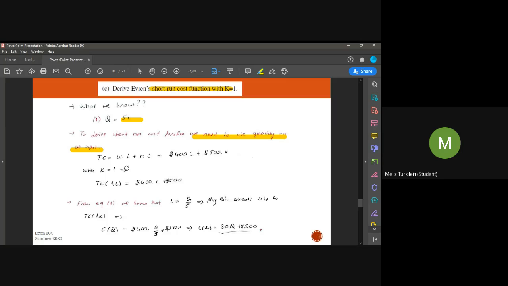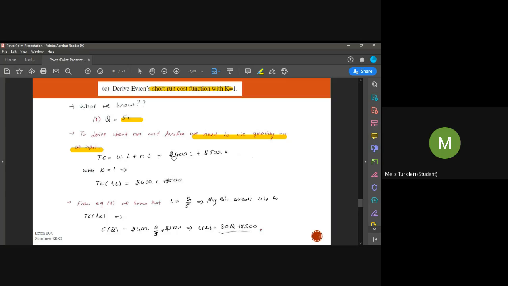So I'm not going to use wage, L, R, and K, but I'm going to use quantity as an input. So I need to transform this function into another function.